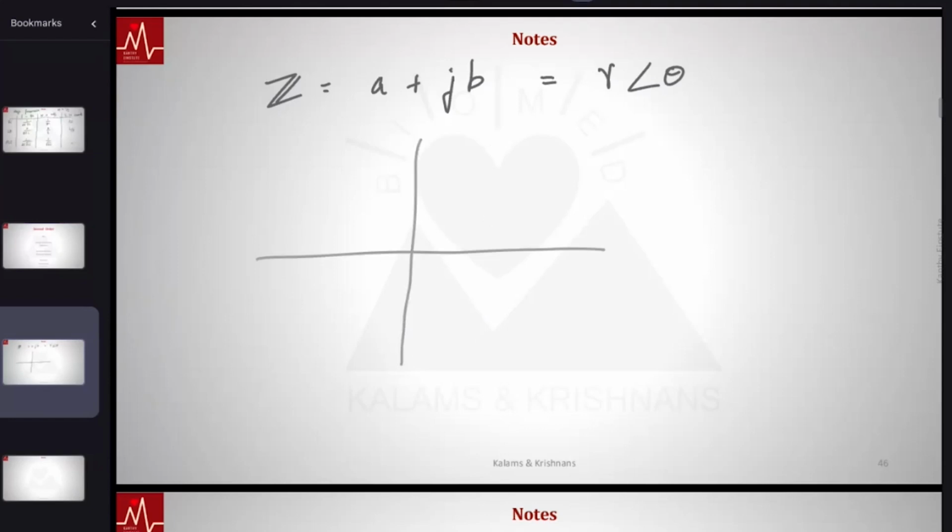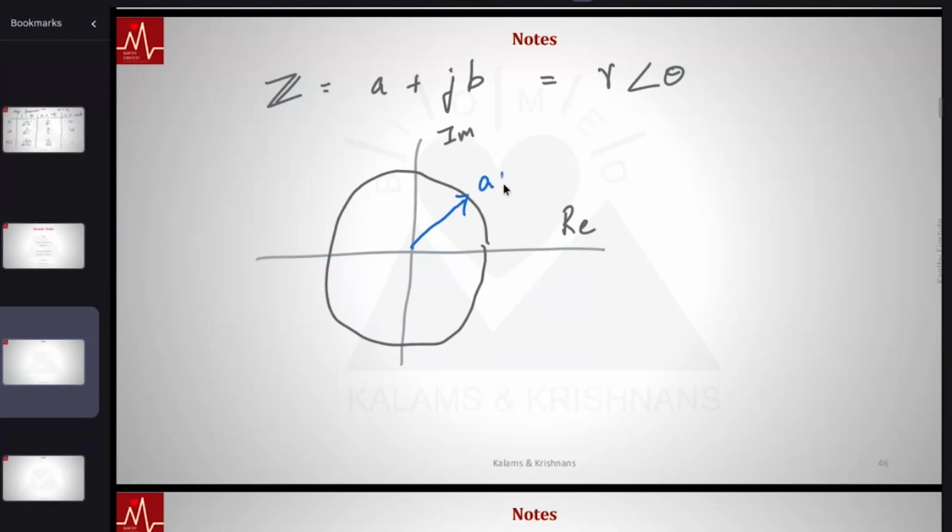Just notice your given complex number is over here. Now this is the complex plane. This is the real part, this is the imaginary part, and the complex number that you have here is a plus jb. The real part is a, the imaginary part is b, and the length happens to be r.